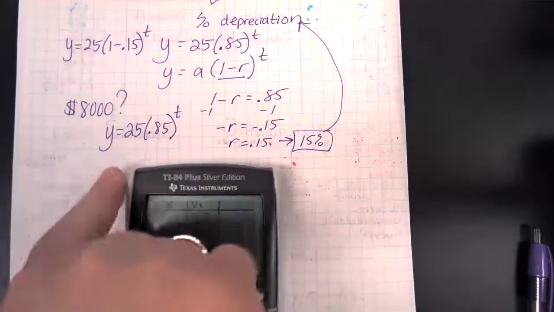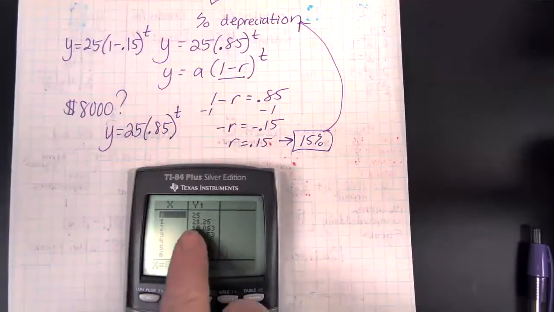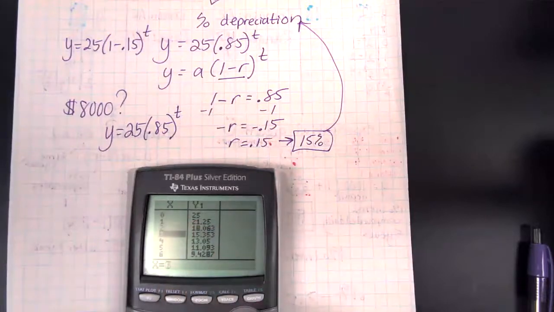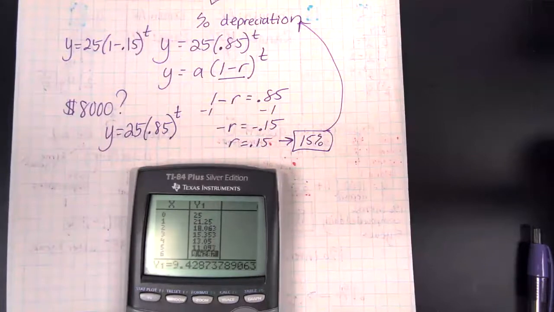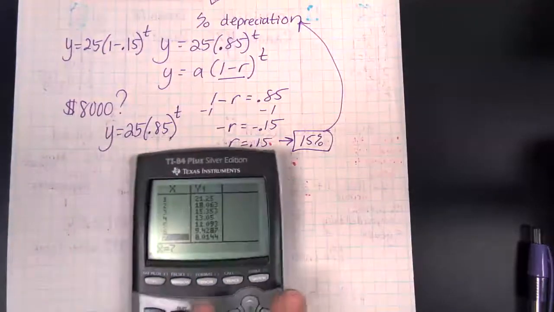And remember, this is in thousands, okay? So where you see 0, 25, that's $25,000 when you bought the car. So after how many years? So let's look, where do we get 8? Right there, year 7. Year 7.